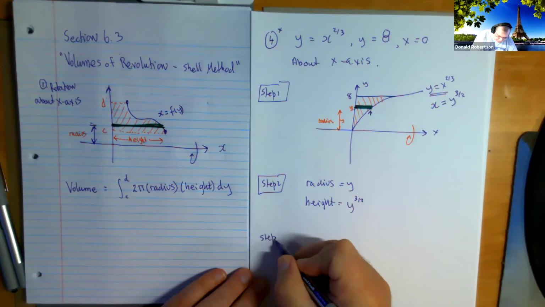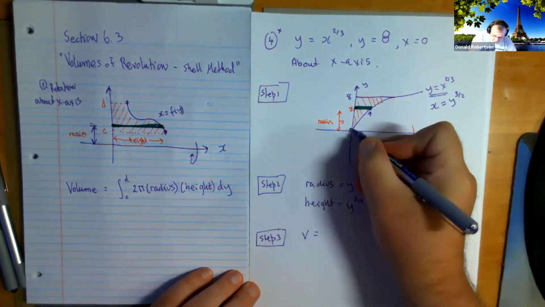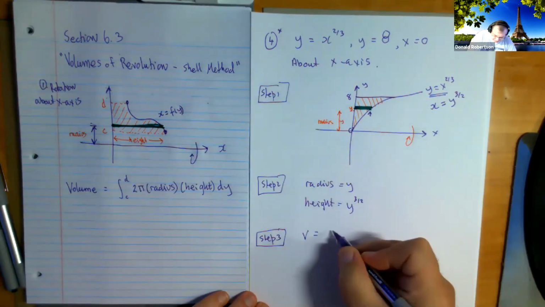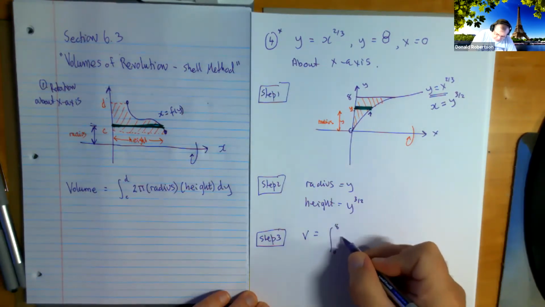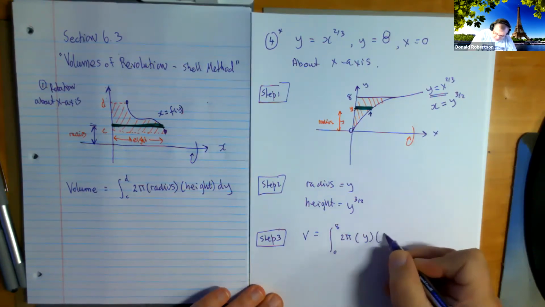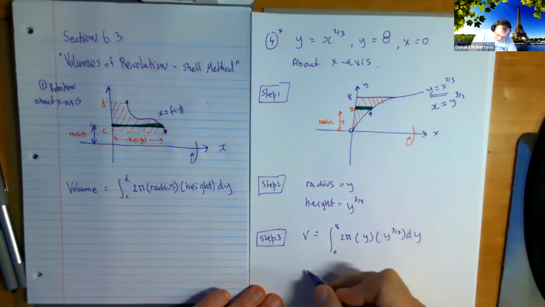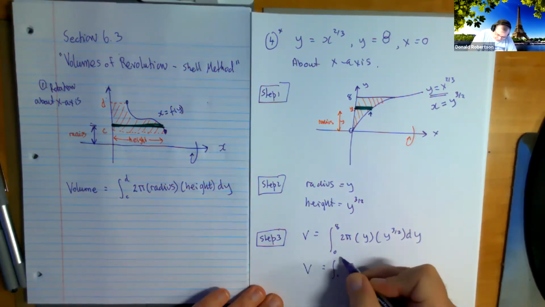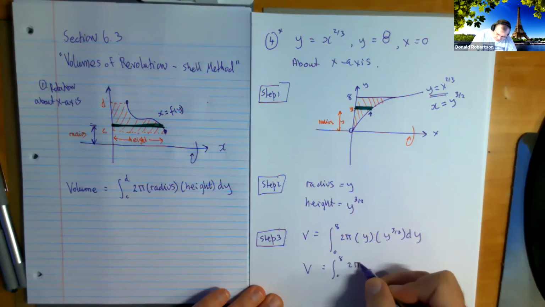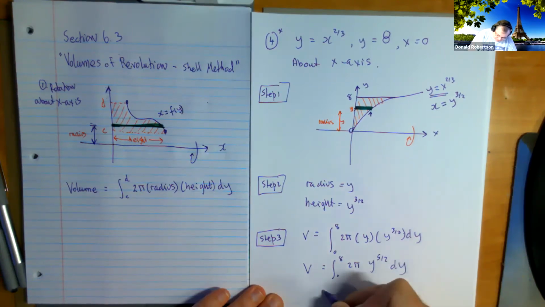Final step is where all the integration takes place. It's going to be the integral from 0 to 8, 2 pi, radius, height, dy. You combine these two together, and at this point I'm going to do my dot, dot, dot.